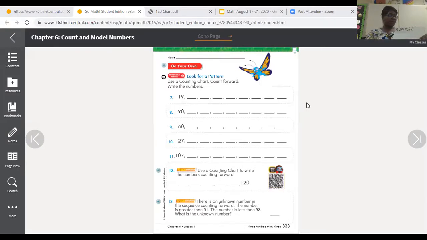After 22, 23. After 23, 24. After 24, 25. After 25, 26. And that last number, 27. Okay, so that is number 7. We did that one together as an example.